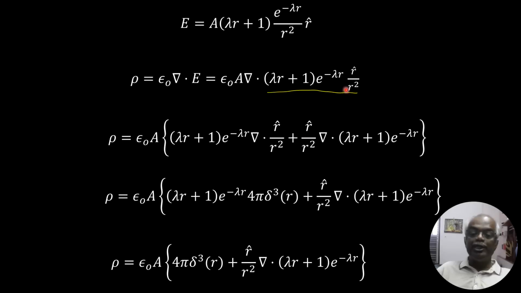Then you keep r-hat over r² as it is, and you differentiate the remaining terms, that is the divergence of (λr + 1) e^(-λr).